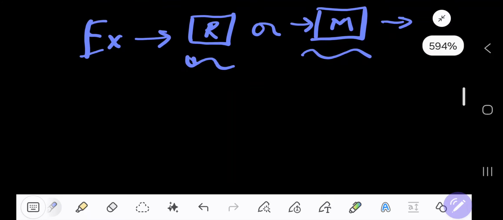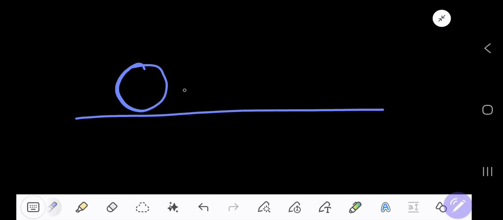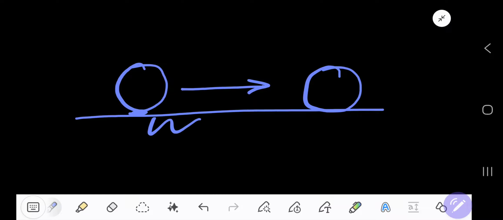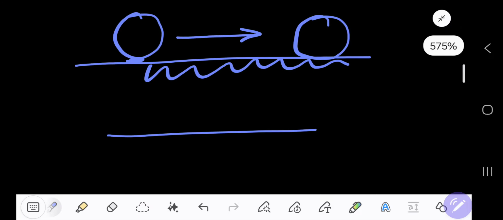For example, if you throw a ball on the ground, it will move a certain distance and then eventually stop. This ball stops because there's an external force of friction acting upon the ball. If this friction was not present, the ball, according to the law, would move on forever.